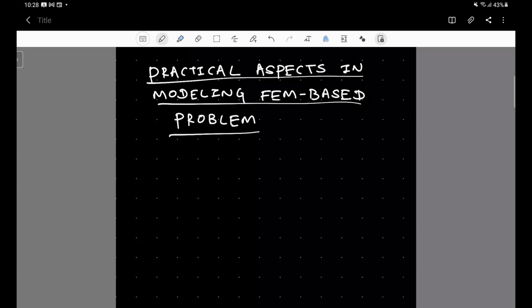So of course, with experience, you can learn different techniques and use these general purpose programs to tackle different problems. One of the most difficult tasks in finite element modeling is to identify or understand the physical behavior of various elements or components of the problem that you're trying to tackle.